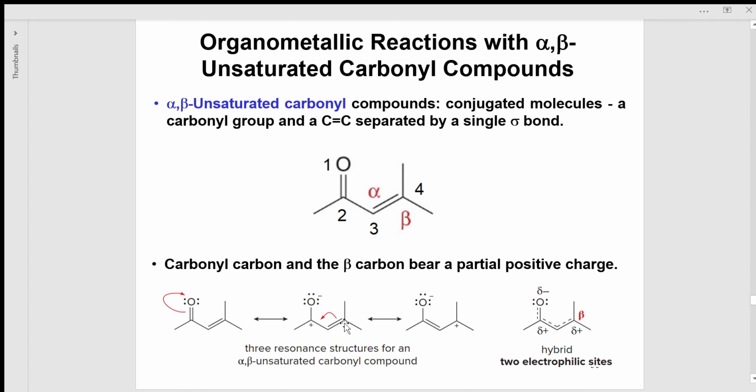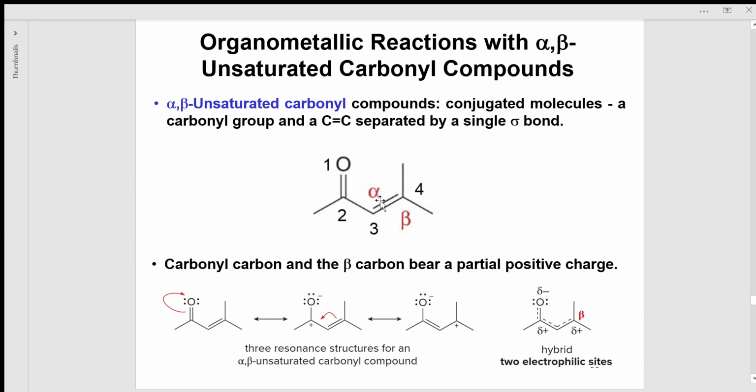Only at the alpha carbon position can this pi bond shift its position from here to here, from 2,3,4 to 2,3. That shifts the positive charge from number 2 to number 4. That's why alpha beta is a unique carbonyl compound. Beta gamma or gamma or something else is not unique at all. You can just treat them individually.